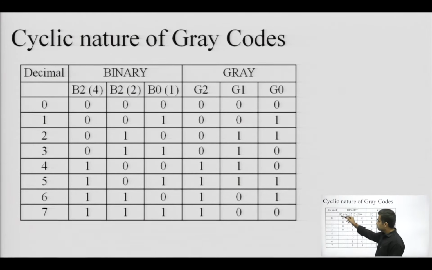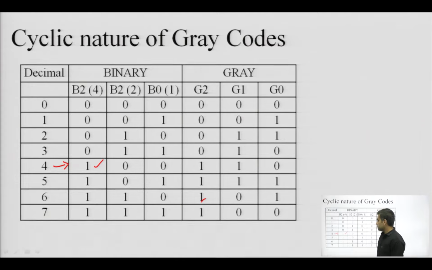So, I have written consecutive numbers from 0 to 7 in decimal. These 0 to 7 are written in binary in this form by using these 3 weights 1, 2 and 4. So, how to obtain the gray? By using the same rules. Let us suppose we are taking this case of 4.